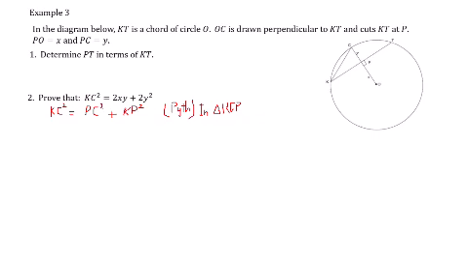Then we can say KP squared is equal to OK squared minus your OP squared.